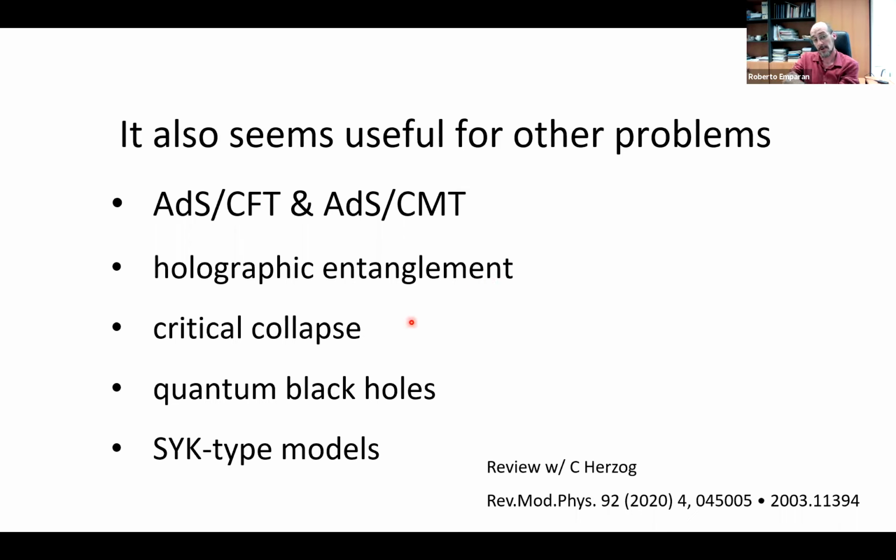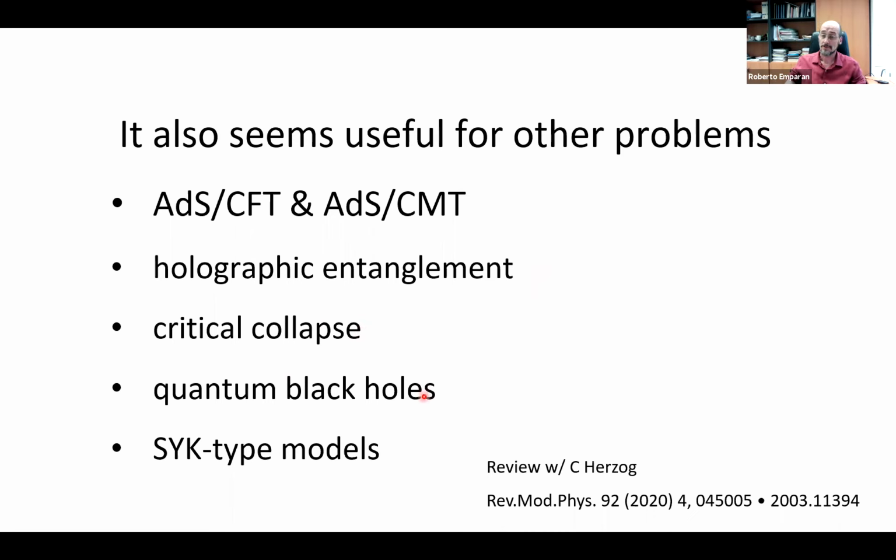Another very interesting problem that may be amenable to a large D expansion, with different methods than what I've described, is the problem of Choptuik critical collapse. It would be very interesting if we could get an analytical handle on this problem using the large D expansion.